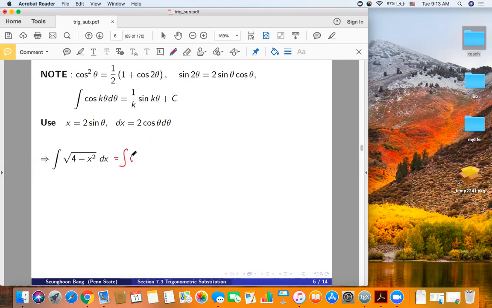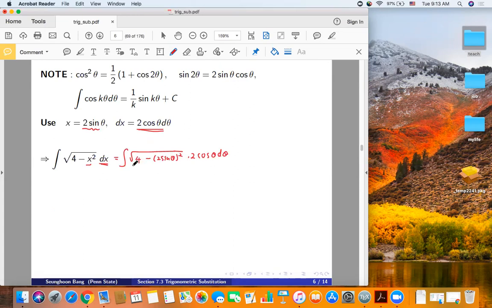This is the integral of the square root of 4 minus x, where x is 2 sine theta, squared, times dx, which is 2 cosine theta d theta.